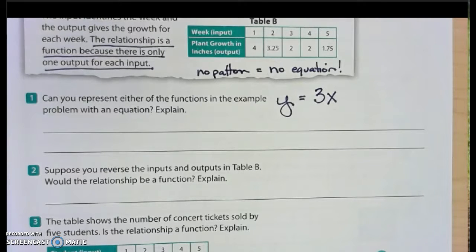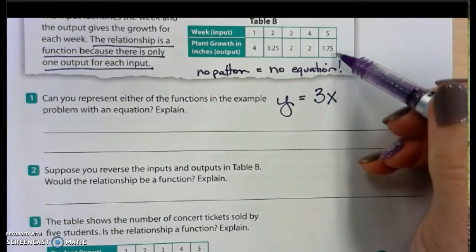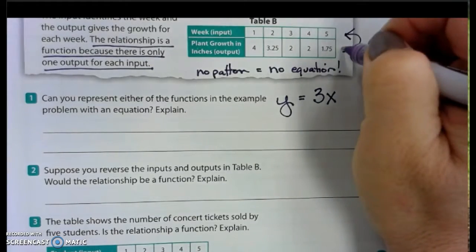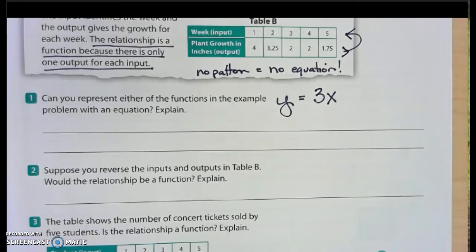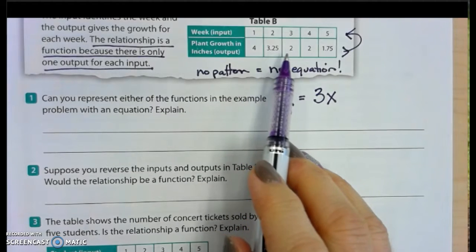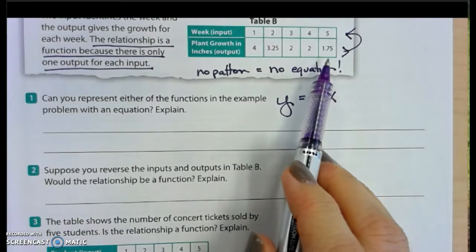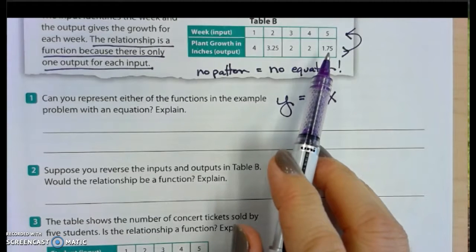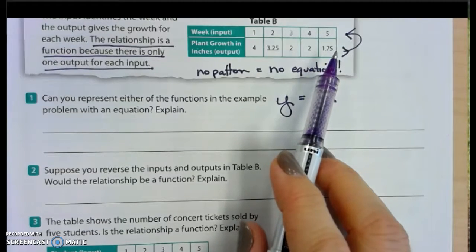Number 2, suppose you reverse the inputs and outputs in table B. Okay, this was table B. If we switch the inputs and the outputs, they want to know, would this relationship be a function? So our new inputs, our new x's, would be 4, 3.25, 2, 2, and 1.75. Question is, would it still be a function?